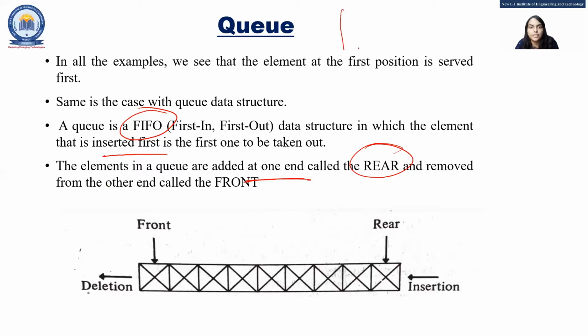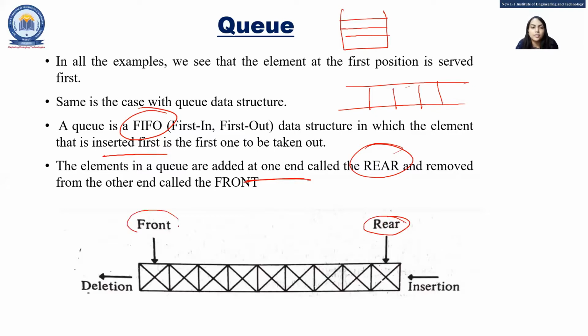Now, students, in a stack, what we saw was that elements are entered and removed from the same end, based on the position of top. Here, in a queue, insertion is done from one end and deletion is done from another end.